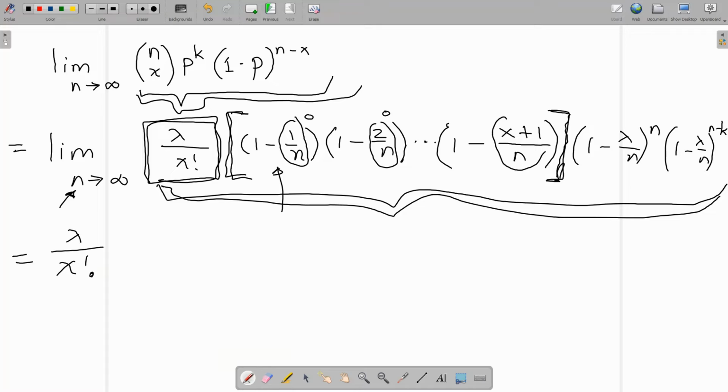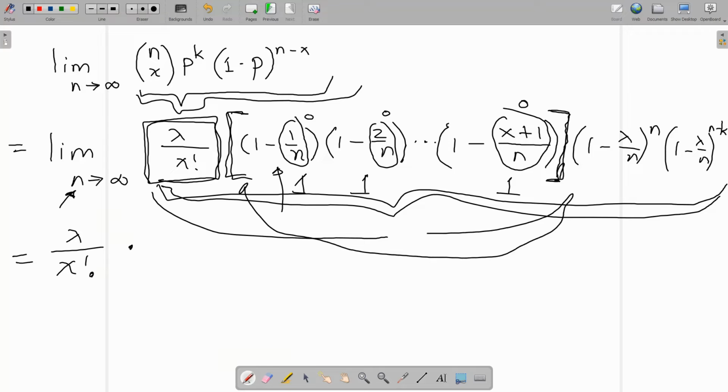This becomes 0. So you have 1 minus 0 is 1, 1 minus 0 is 1, and then up to 1 minus 0 is 1. So the whole of this is 1. So you have times 1.